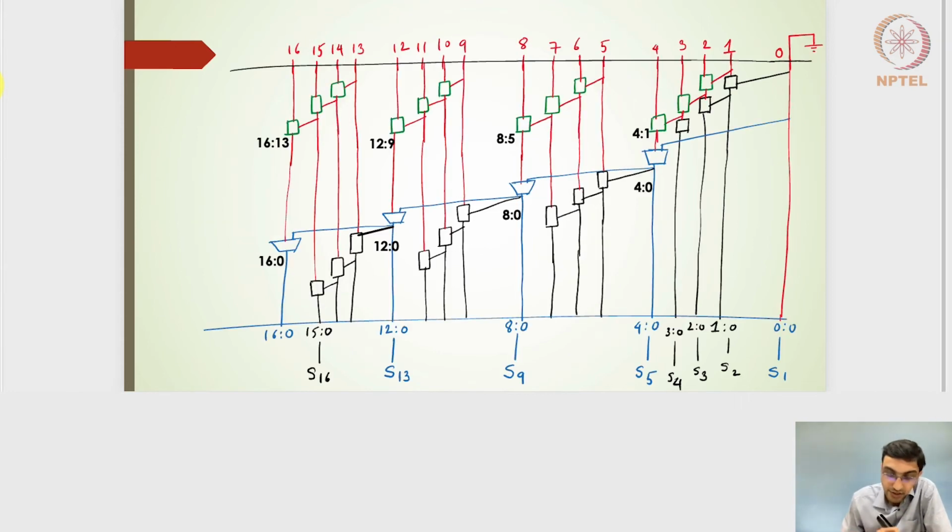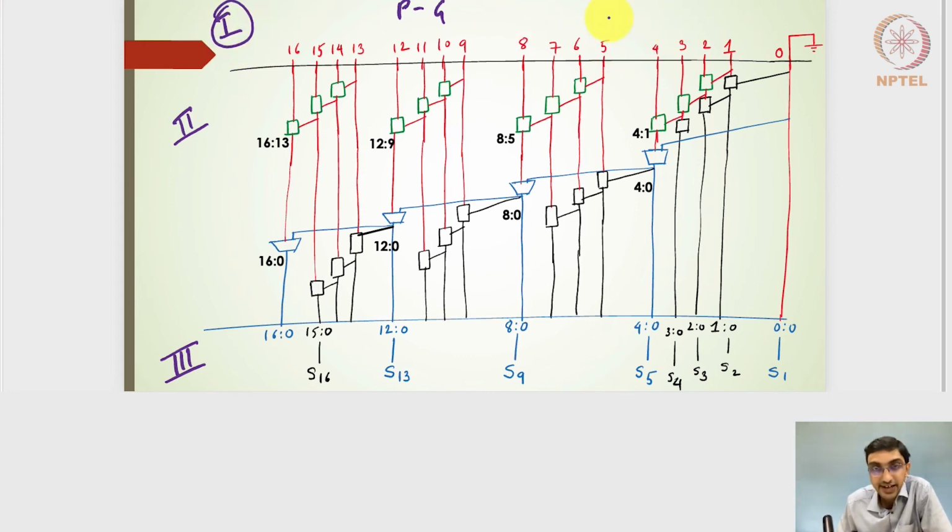So using this, can we now design the PG architecture, the propagate and generate architecture? The first level is nothing but the bitwise. The second one is the groupwise, where it will generate the groupwise generate and groupwise propagate bits in this carry skip adder. And then the third one is the sum bits generation, right? In the first level, I have not indicated the AND and the XOR gates here.